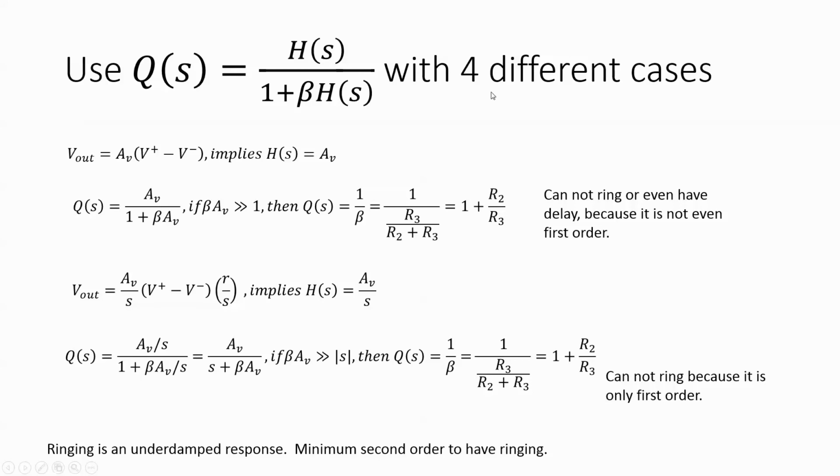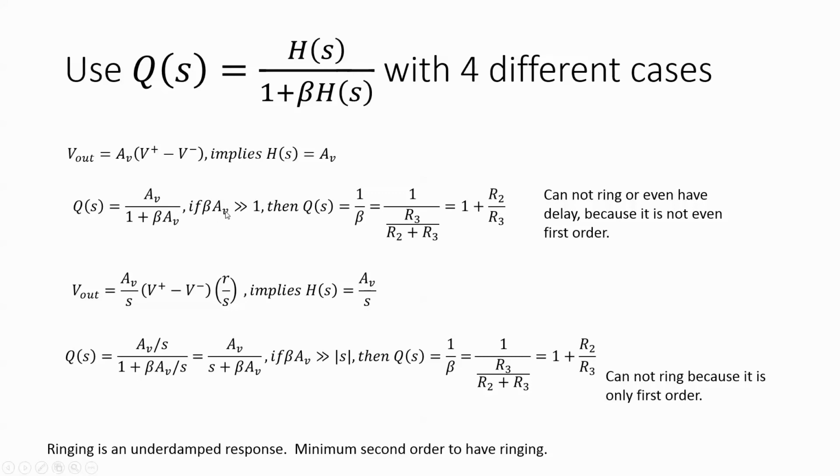So let's do that. We have 4 different cases. The first model, where A_V is just a finite number, the transfer equation of that op-amp is just A_V, right? No frequency dependence. So we substitute that into Q(s) and we get A_V over 1 plus beta A_V.